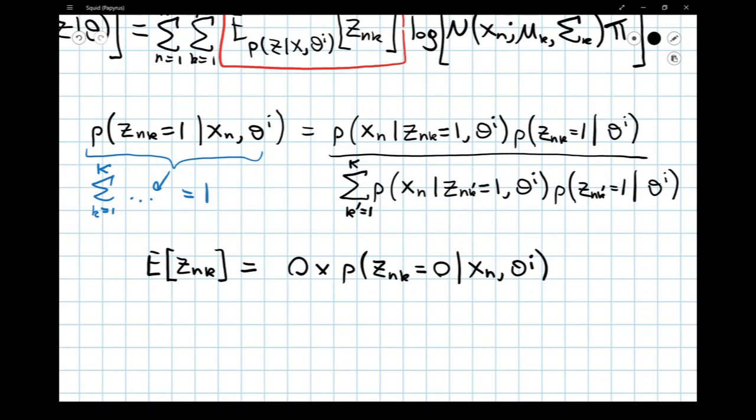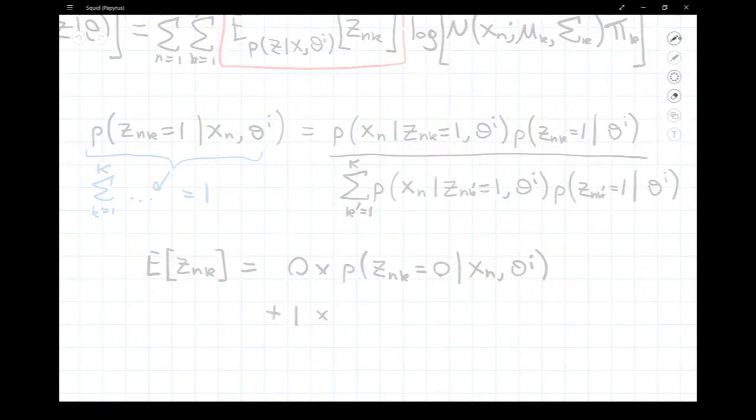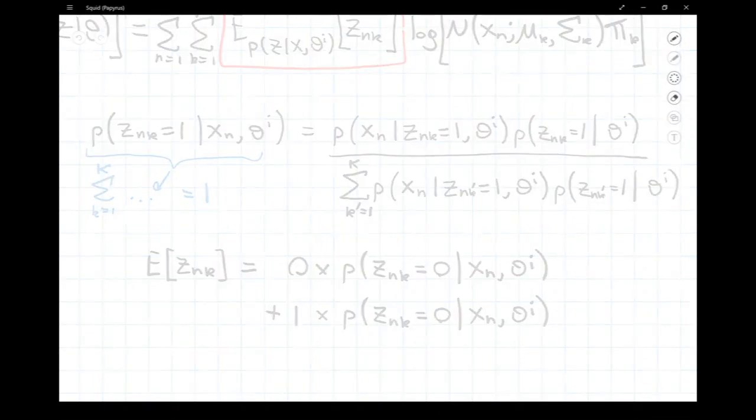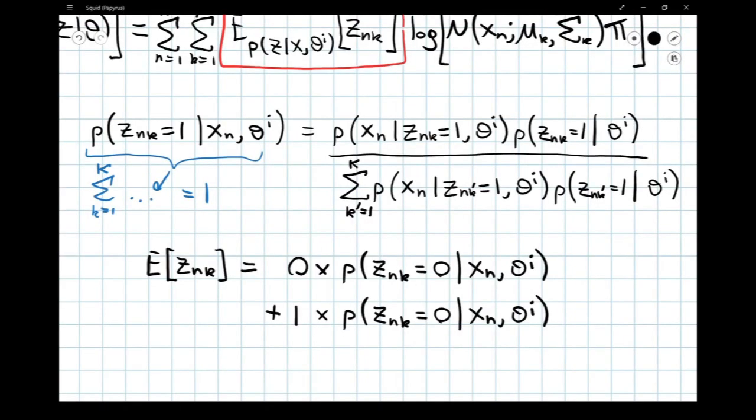Plus the other option is that we can have Znk being equal to 1, multiplied by this, I'm just going to copy this. So that's Znk equal to 1 times the probability that Znk is equal to 1.